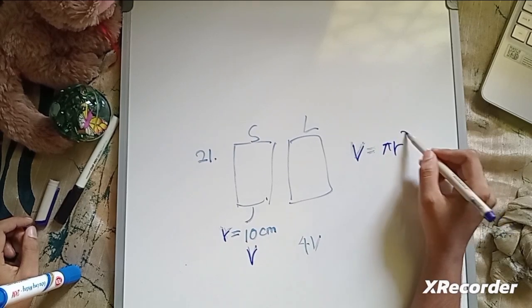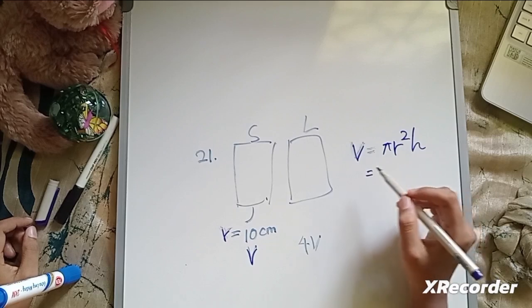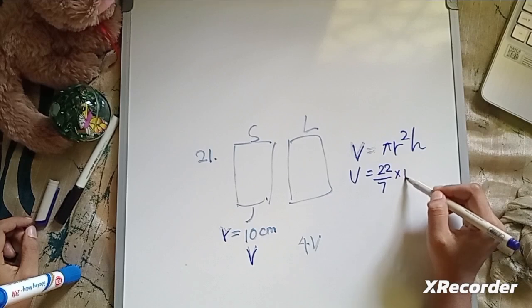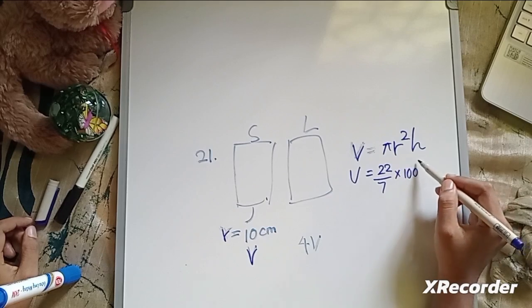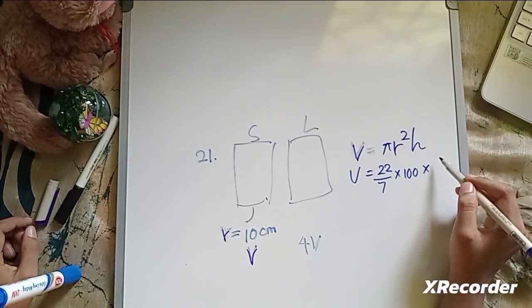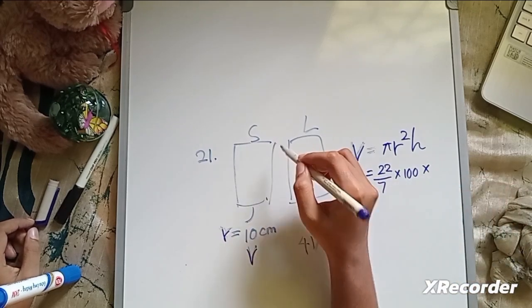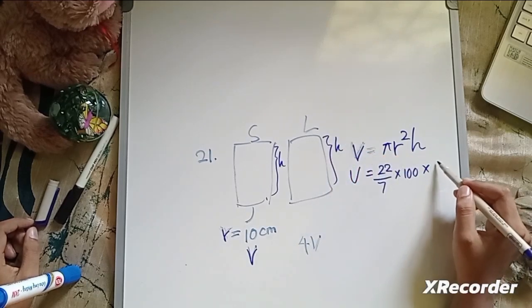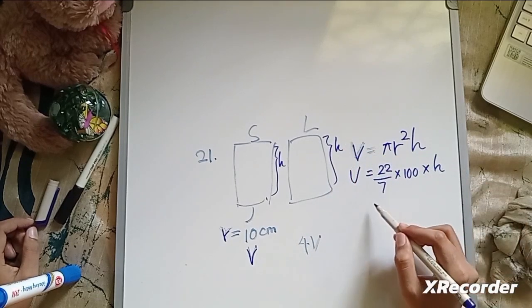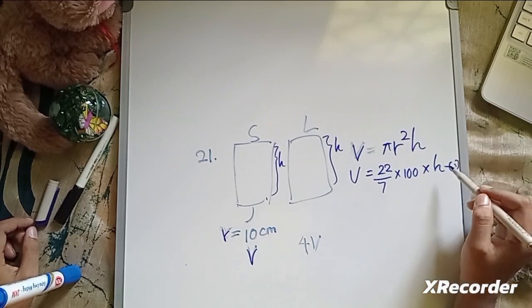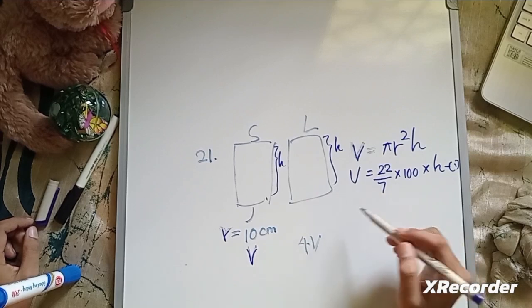So with the equation pi r squared h, V equals 22/7 times r squared, which is 100, and the heights are also the same, so we will write it as h. So this is the equation of volume for the small cylinder.